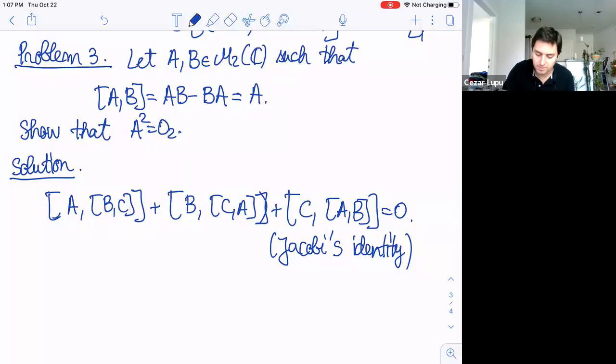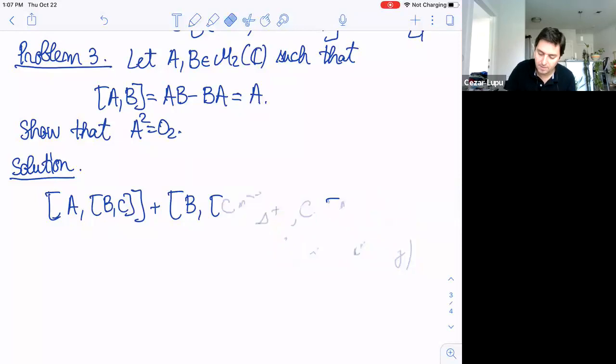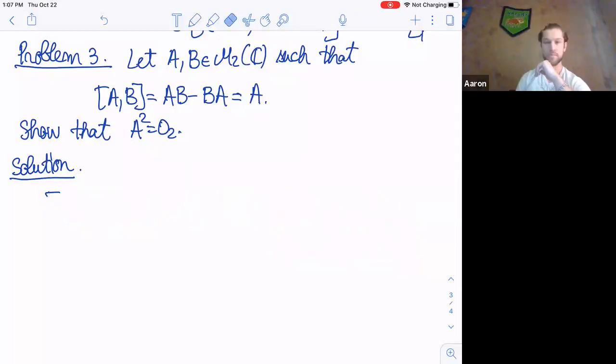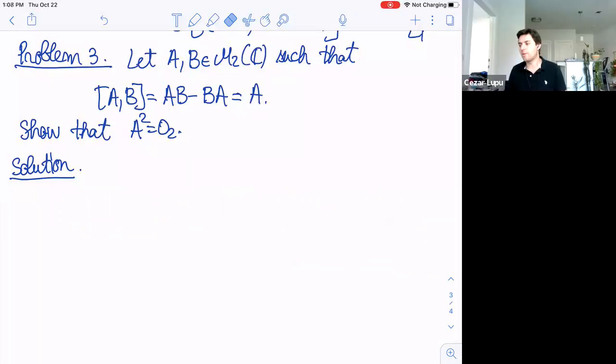Well, let me erase this. First of all, is there a property for the commutator?